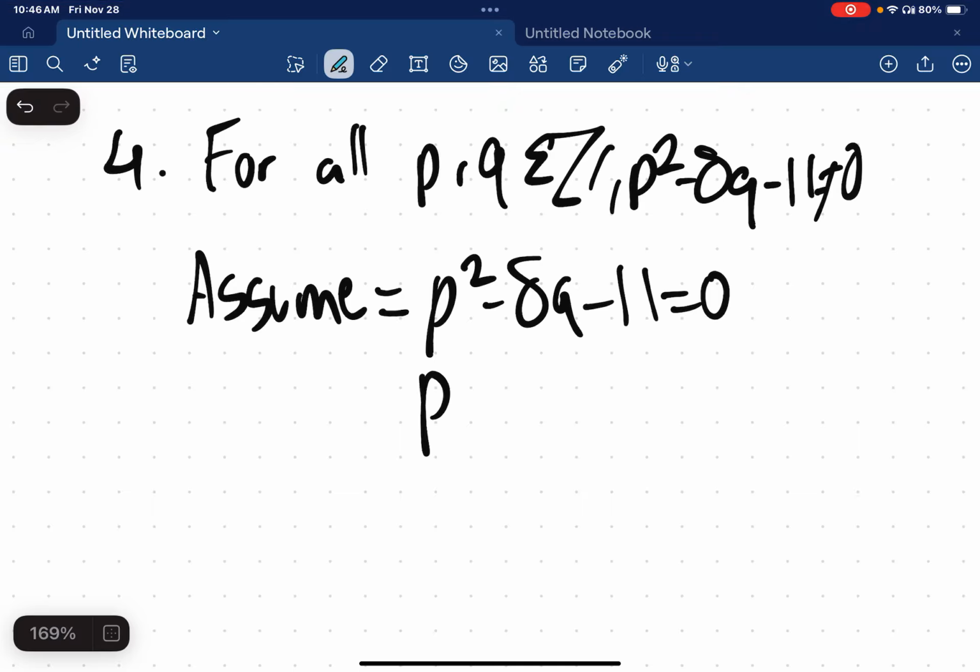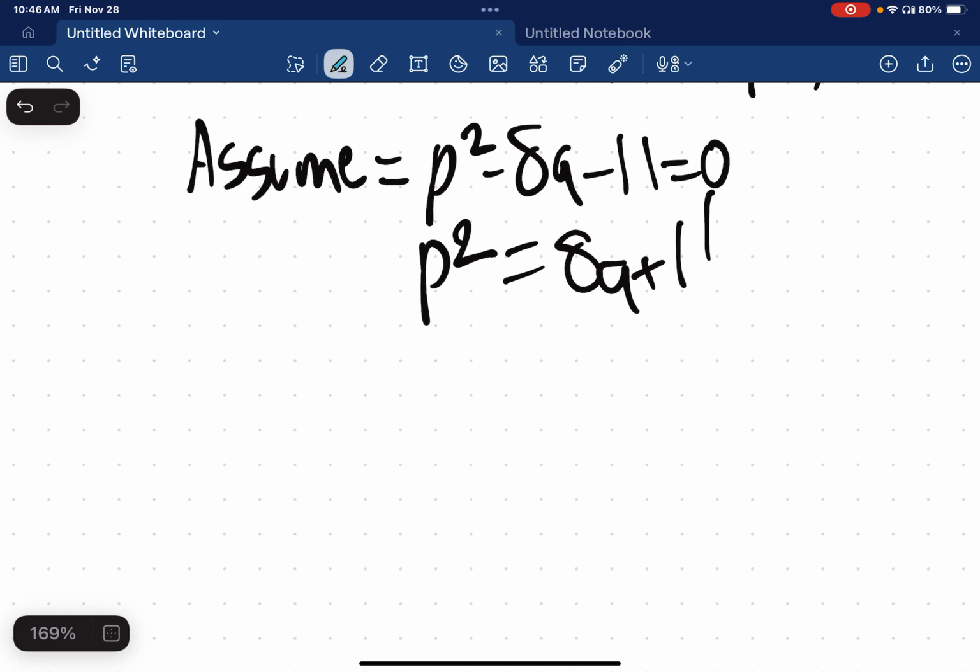So then we can separate them on each side, and we get p squared is equal to 8q plus 11. Actually, let's not separate them. Hold up, give me a second.